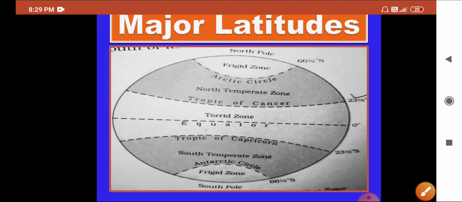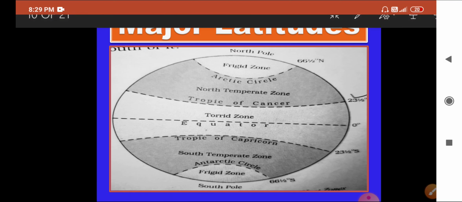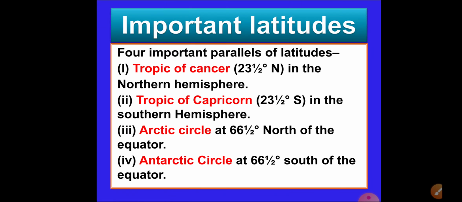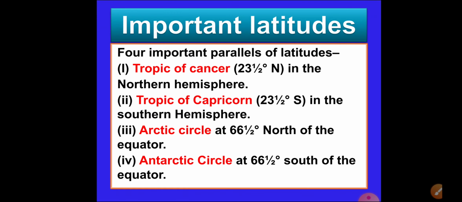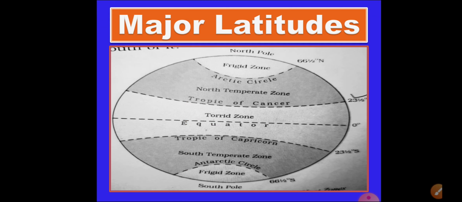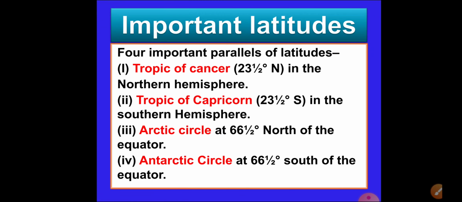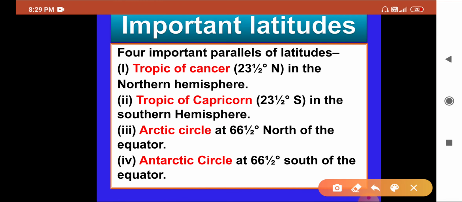If we see, here sun rays fall on this zone once in a year. So this is called torrid zone.